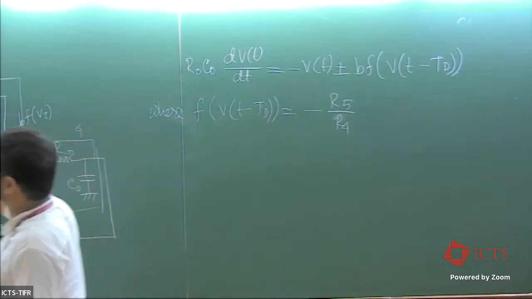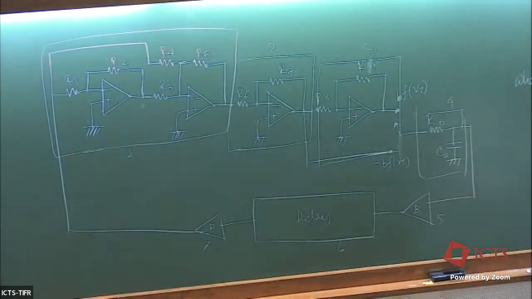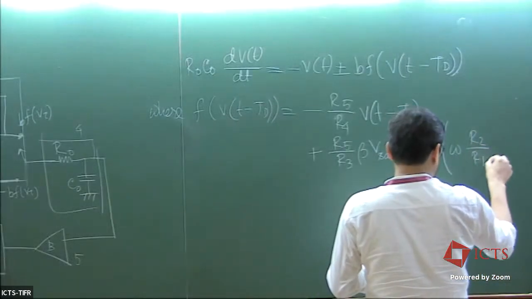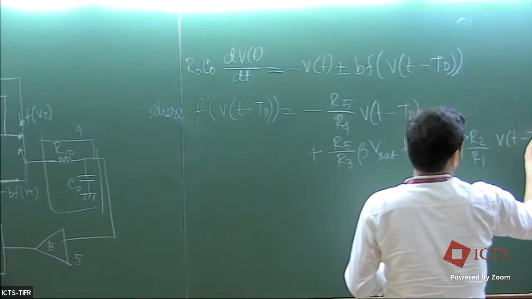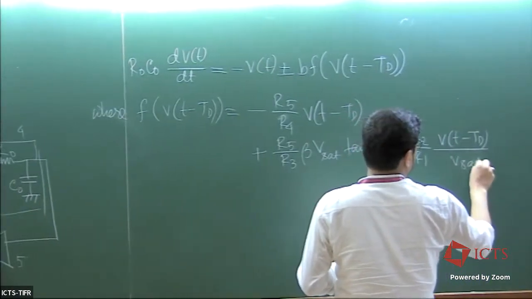See this portion, R5 by R4, V(t minus Td), plus R5 by R3, beta V saturation, tan hyperbolic, omega R2 by R1, V(t minus Td) divided by Vsat.